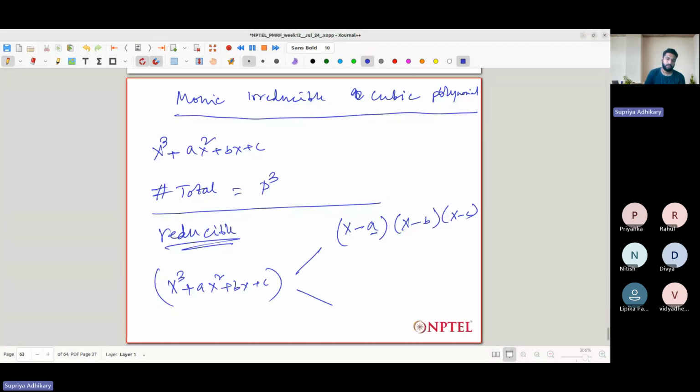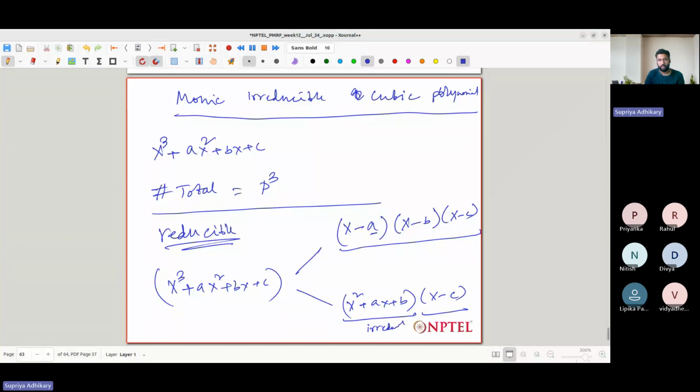And the second option should be like this: x squared plus ax plus b and x minus c. So option 1 can be that it can be factored into 3 linear factors like this: x minus a, x minus b, x minus c. Or it can be like this: one is a quadratic polynomial and the other one is a linear polynomial, and this quadratic is irreducible.